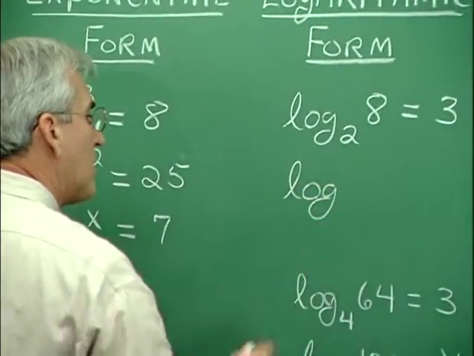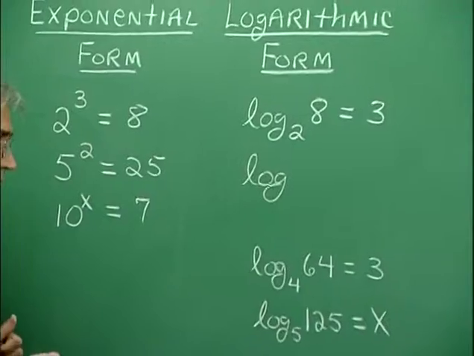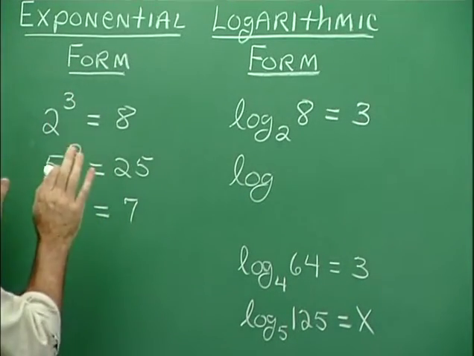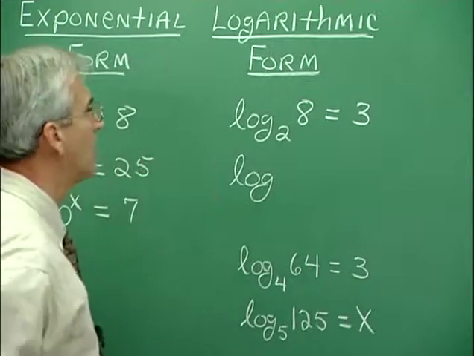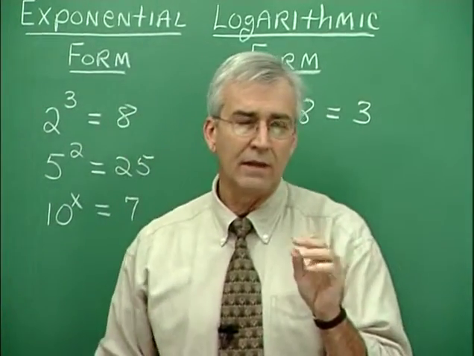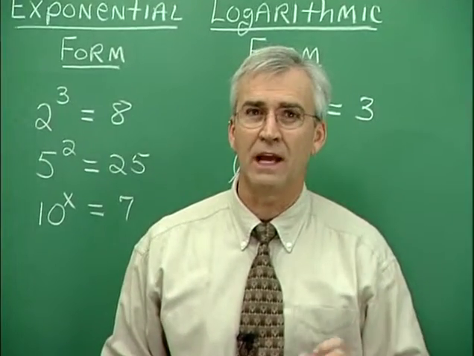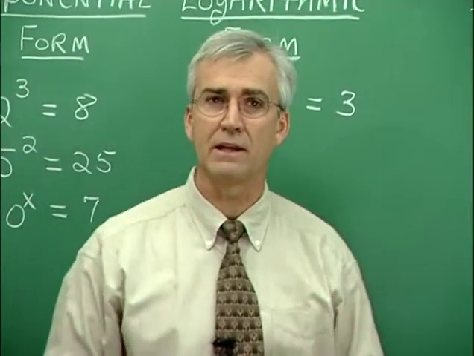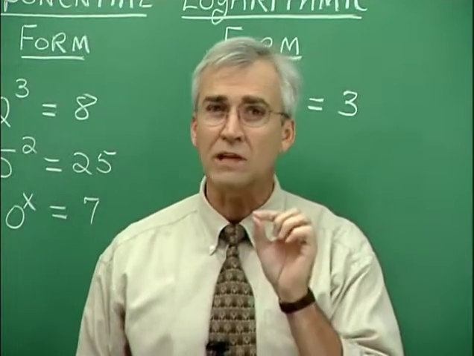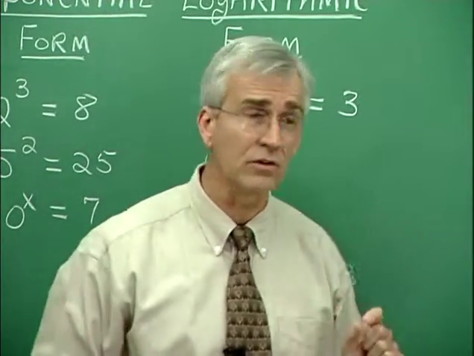Now, the way you will go from exponential form to logarithmic form at first will probably be a way that is based on memorization. And you'll probably think about it like this. Now we'll interpret it in just a moment, but here's how you'll probably memorize it at first.